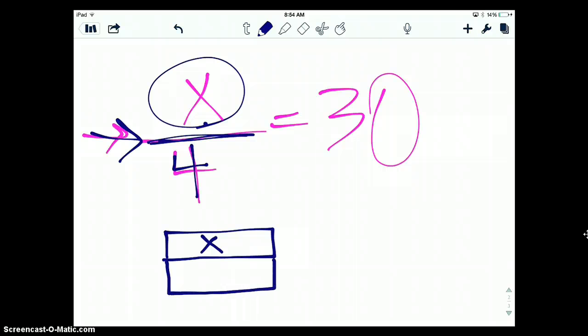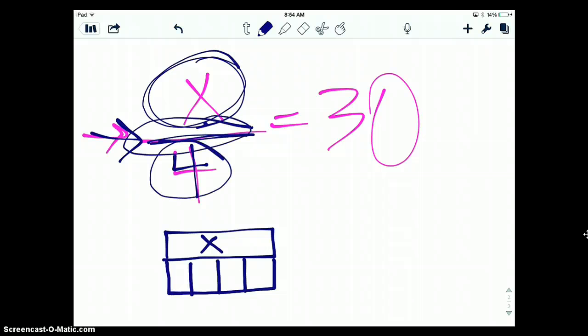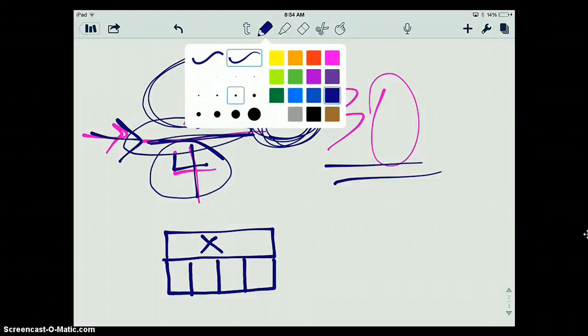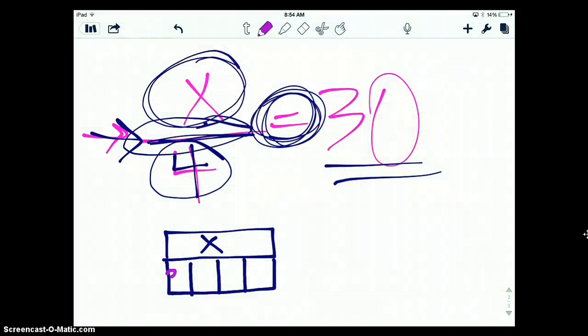So I'm going to take this whole chunk and I'm going to divide it into 4. So there I divided it into 2. And now I'm dividing it into 4 equal parts. And it says if I take x and I divide it into 4 chunks, each one of those chunks, pieces, is worth 30. So I'm going to write in that this chunk is 30, which means that what is that one?